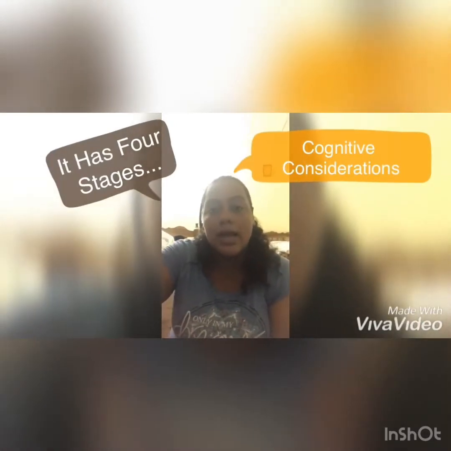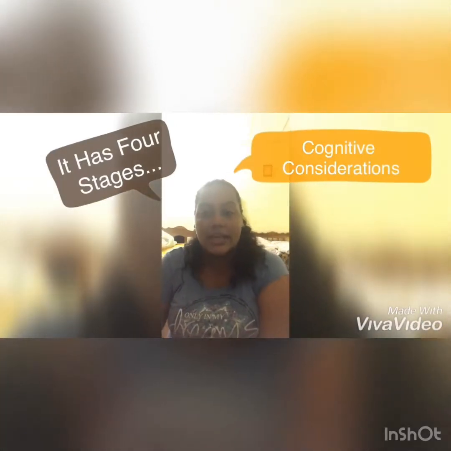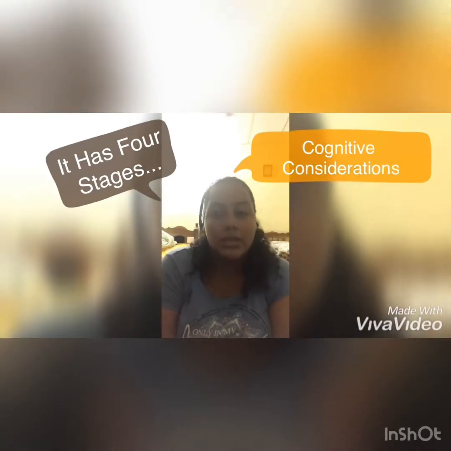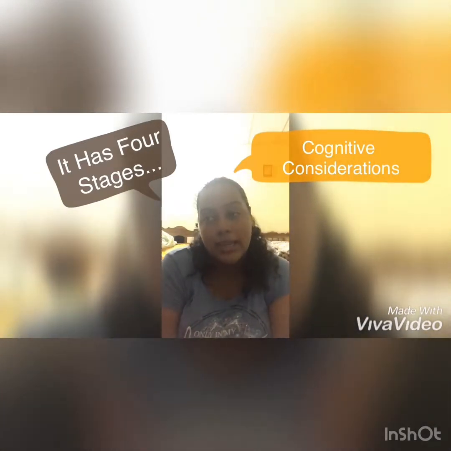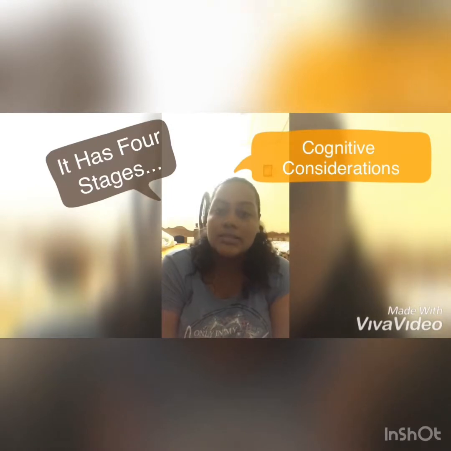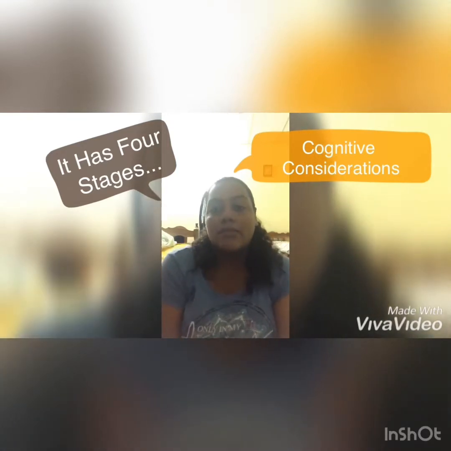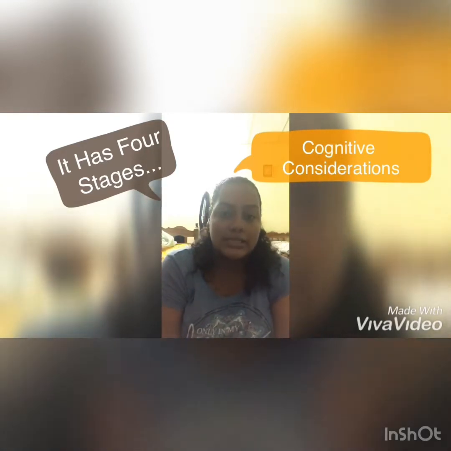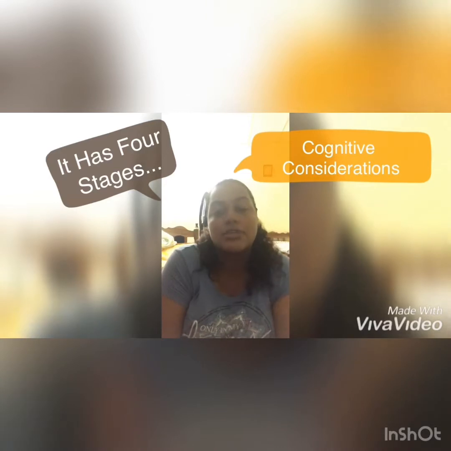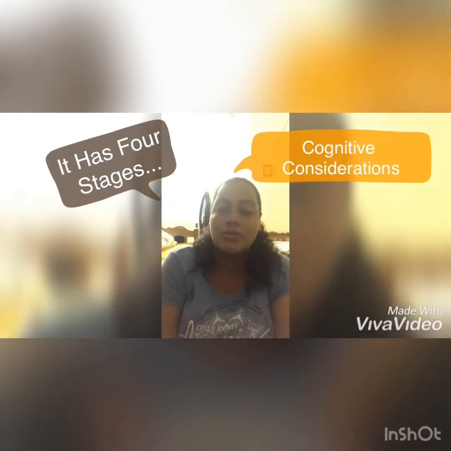Finally, cognitive consideration has two stages. Human cognition develops rapidly throughout the first 16 years. For example, on this topic there are four stages. The first is the sensorimotor stage from 0 to 2.